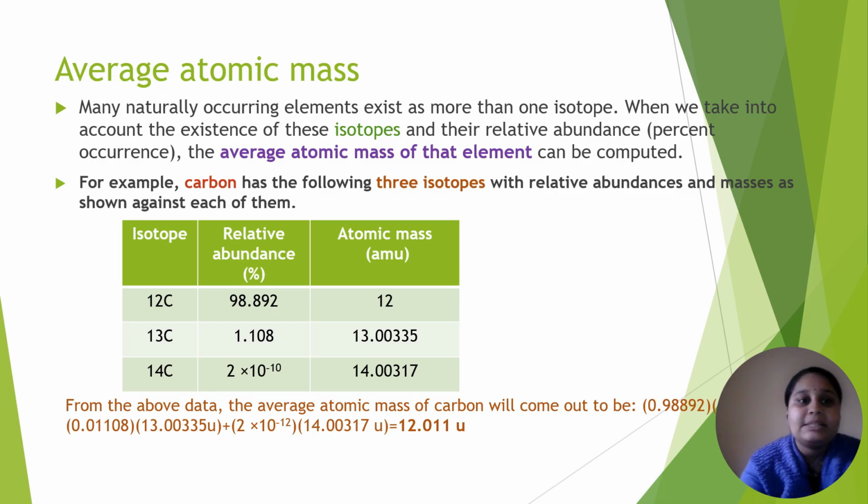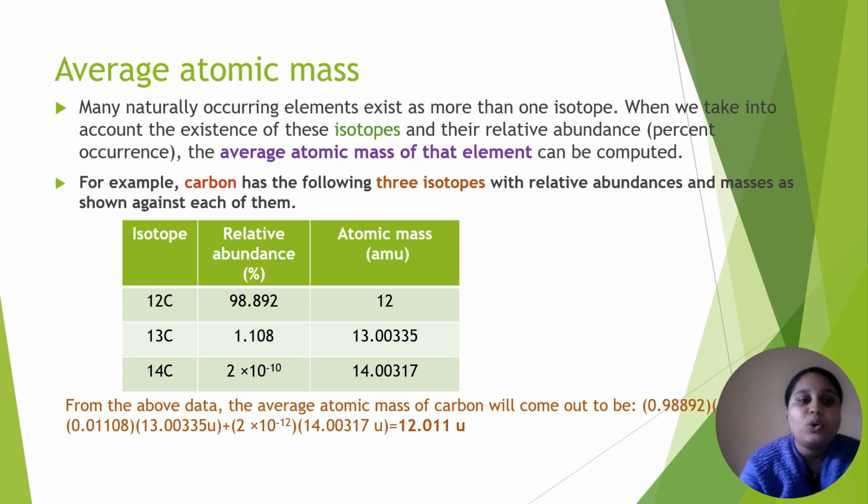For 12C, the relative abundance is 98.892 and the atomic mass is 12. For the 13C isotope, the abundance is 1.108 percent and the atomic mass is 13.00335.